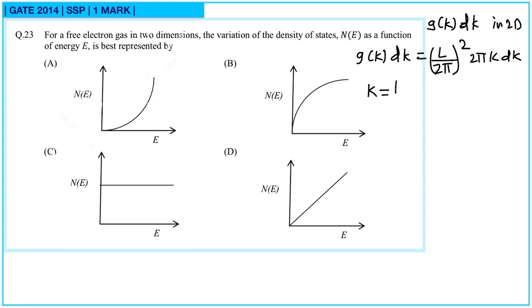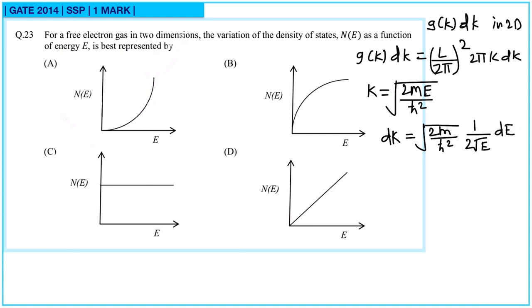Now we have k equal to under root 2mE upon ħ². So from here dk will be under root 2m/ħ², that is a constant, and root E is equal to 1 upon 2 root E into dE. So we can substitute this in this equation.